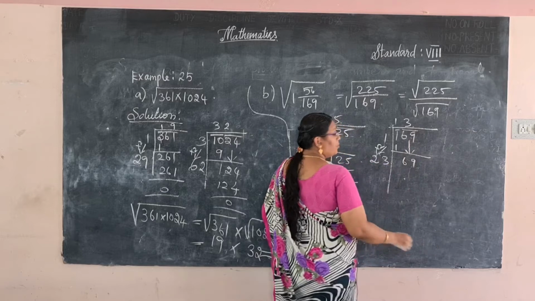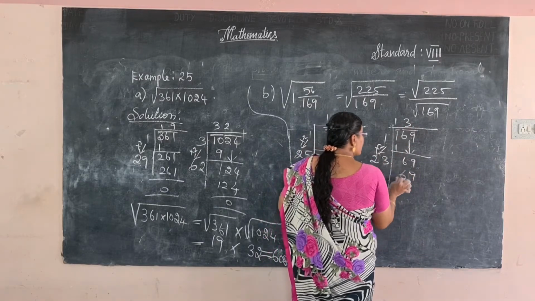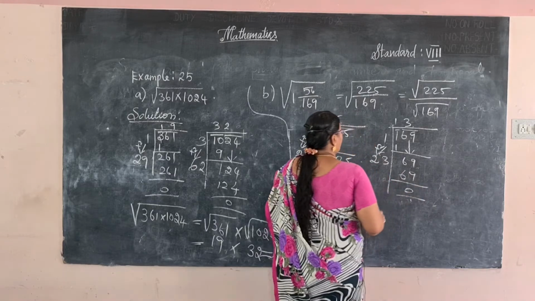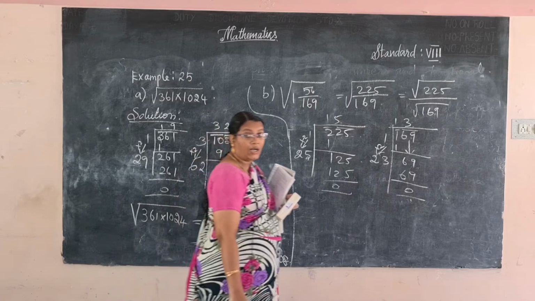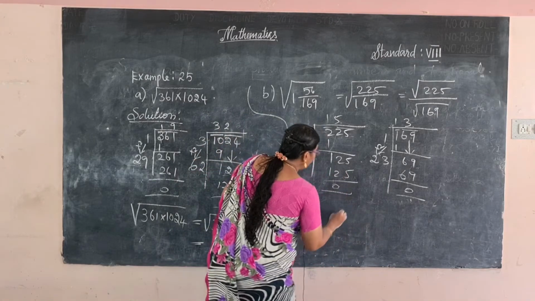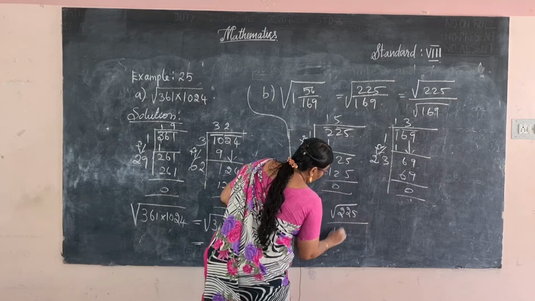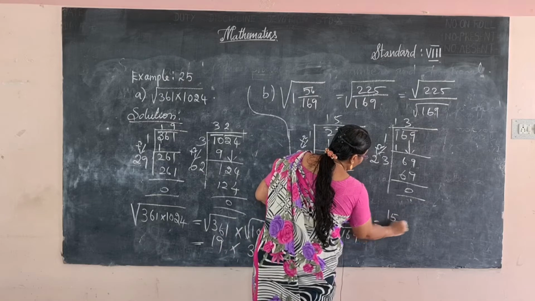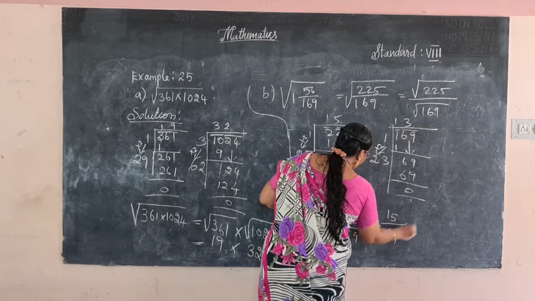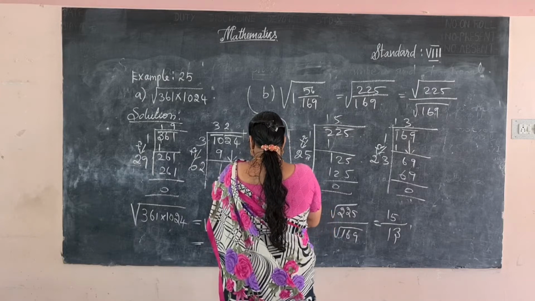The quotient is also multiplied by 3: 3 threes are 9, 3 twos are 6. Now we have the square roots of 225 and 169. The square root of 225 by the square root of 169 is equal to 15 by 13. That's it.